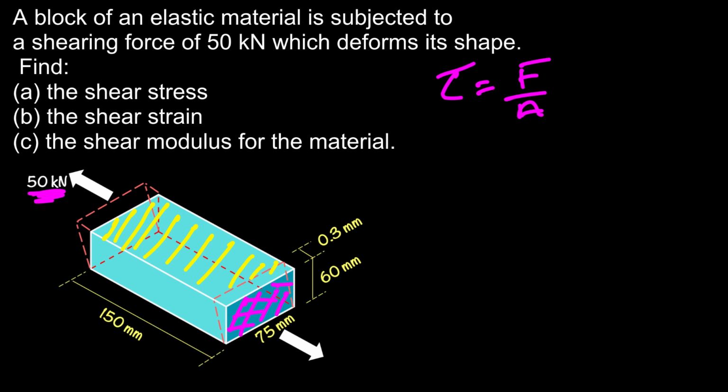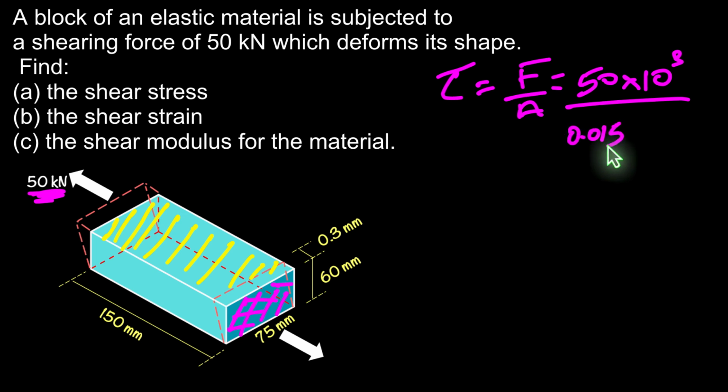So now with the correct face in yellow, we're going to use the force that we get, and that force is 50 kilonewtons, so 50 multiplied by 10 to the power of 3. And then because we're using that area highlighted in yellow, our length is 150 millimeters, but I'm going to convert that into meters, so we get 0.015, and that's what we're going to multiply now by 0.075.